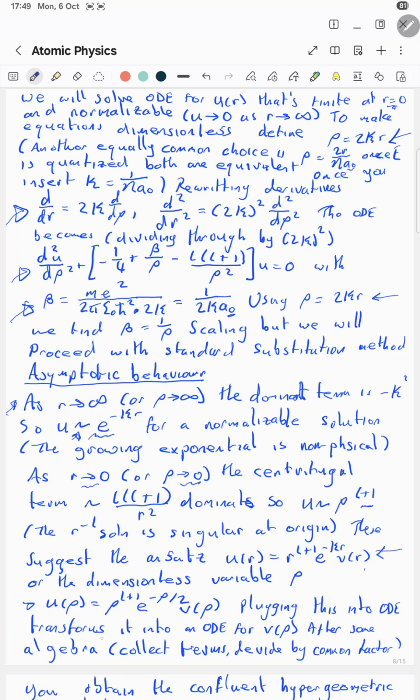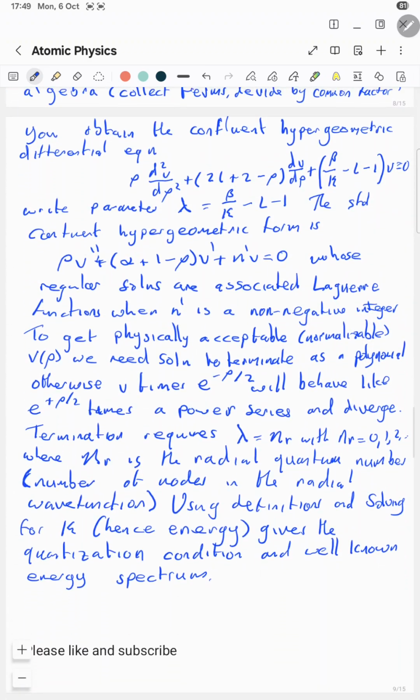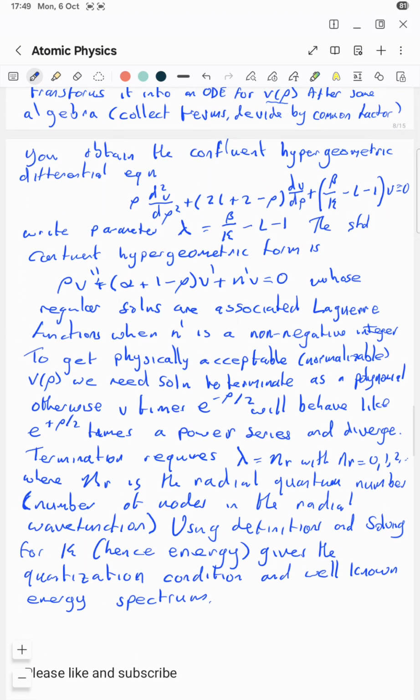Plugging these into the ODE transforms it into an ODE for v of rho. After some algebra and collecting terms, we divide by a common factor, and we obtain a confluent hypergeometric differential equation here.